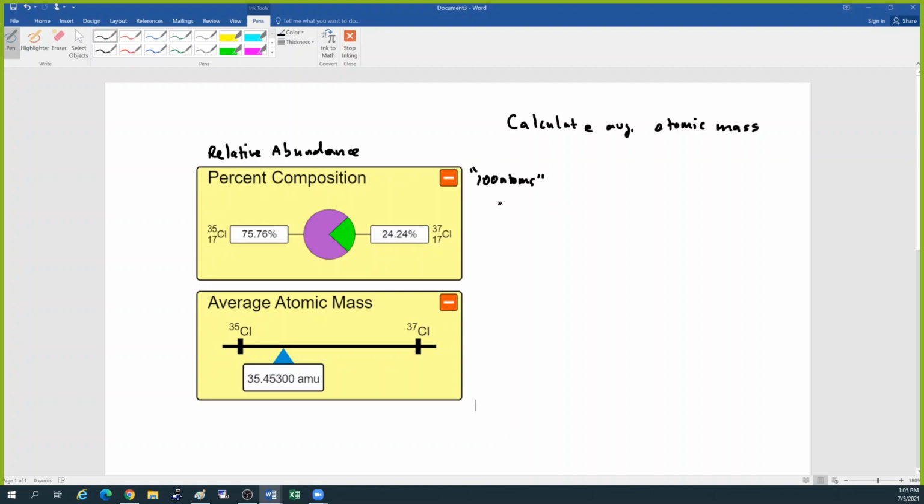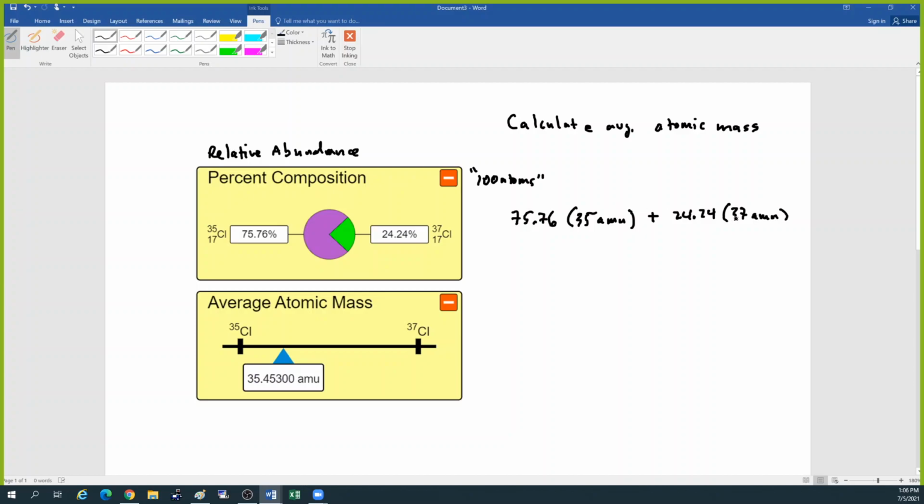But if I had 100 atoms, 75.76 of them would contribute 35 atomic mass units of weight. Again, that AMU is just a relative mass unit. Then I'd have to add the weight contributed by the other 24.24 atoms, which are contributing 37 atomic mass units.